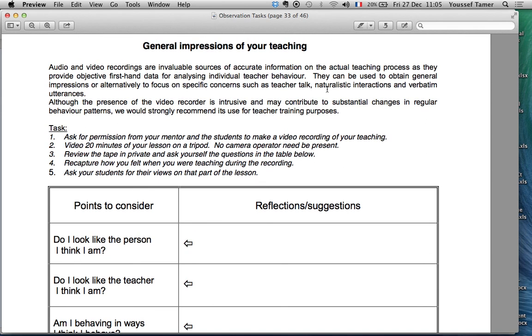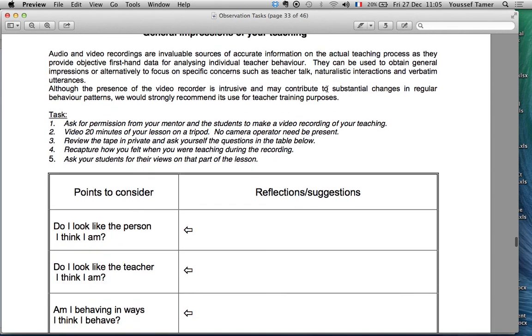So general impressions of your teaching. Part of your report, okay. Video, audio, video recording. You need to get the help of your classmates, because you will not be one in a class.